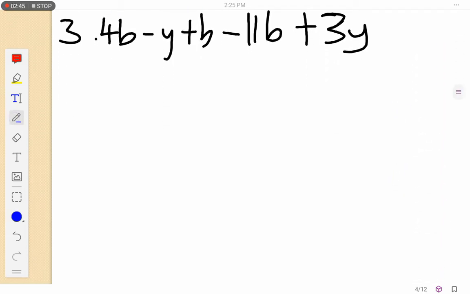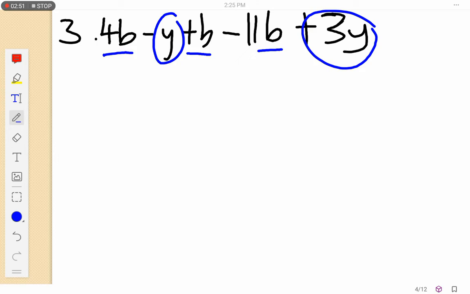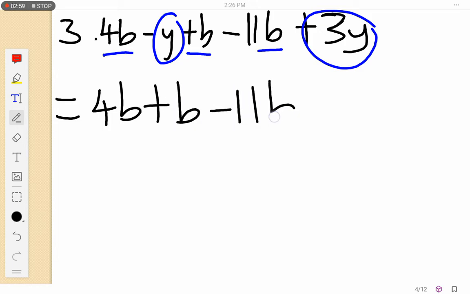In this one we have got b, and we've got y and y there. I'll be taking them with their signs. So I have 4b plus b minus 11b, then I've got minus y plus 3y.